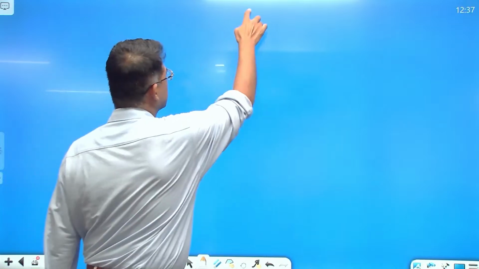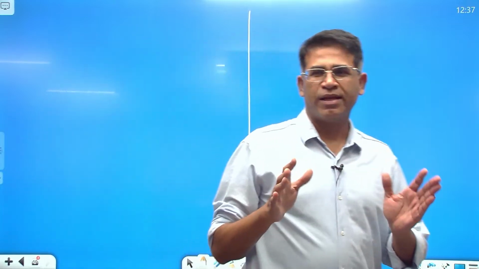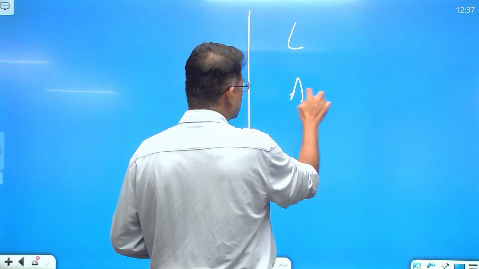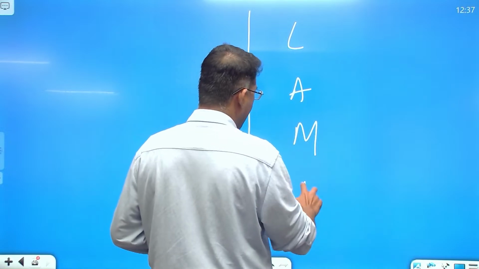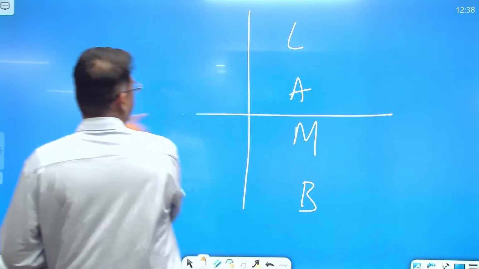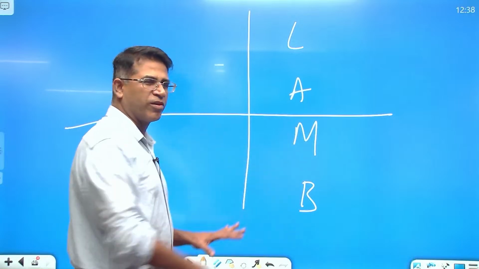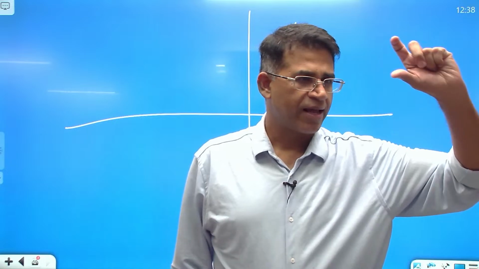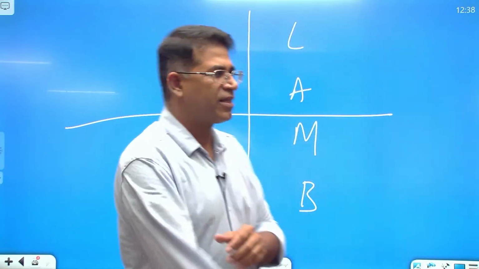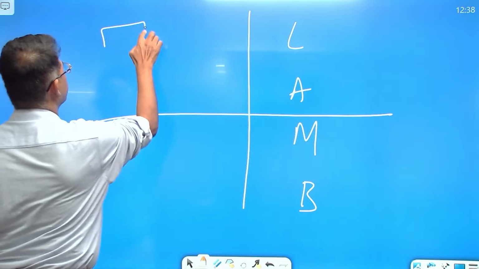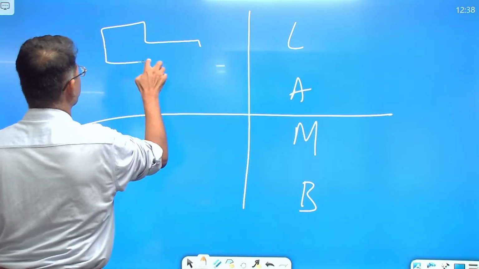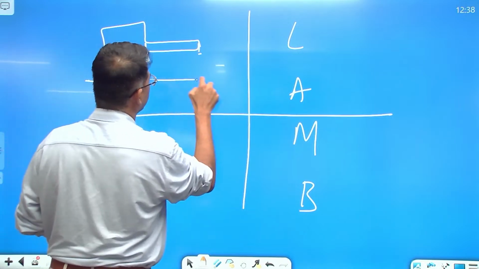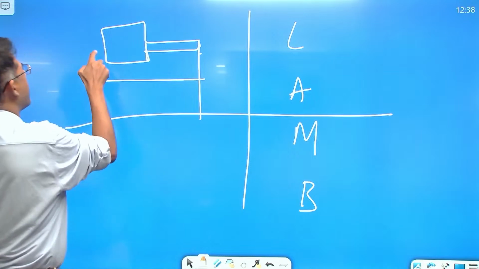Then you moved on towards the mechanical differentiation. Mechanical differentiation is lithosphere, asthenosphere, mesosphere and barysphere. Hamare liye ye important hai. The rest you can ignore. We say the lithosphere is the uppermost layer, which includes the crust, there is continents, there is ocean, along with part of the upper mantle.